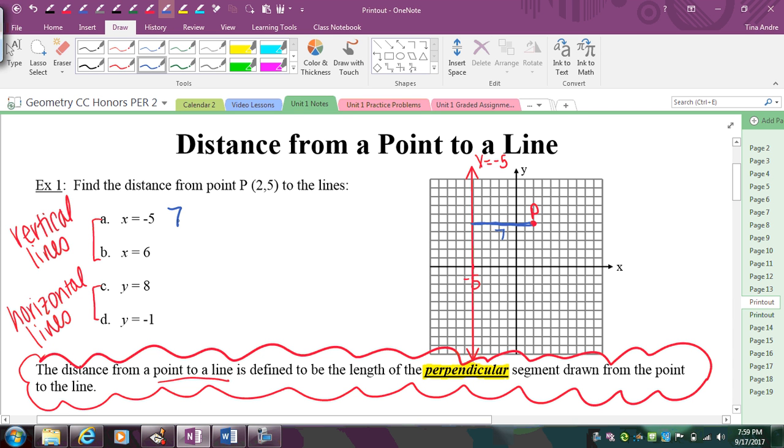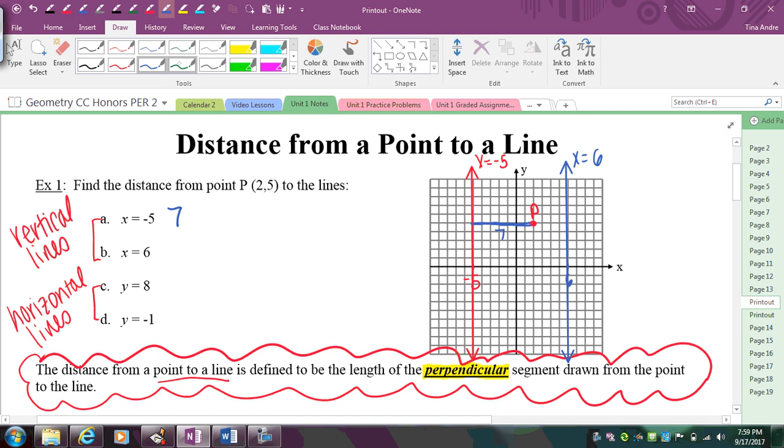And then we do the same thing for x equals 6. Now you're going to go over to 6 on the x-axis, so 2, 4, 6, and draw a line through that. So here's my line, x equals 6.